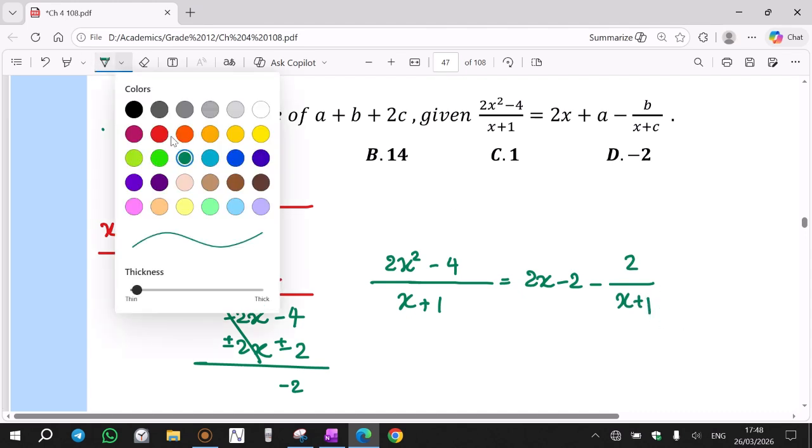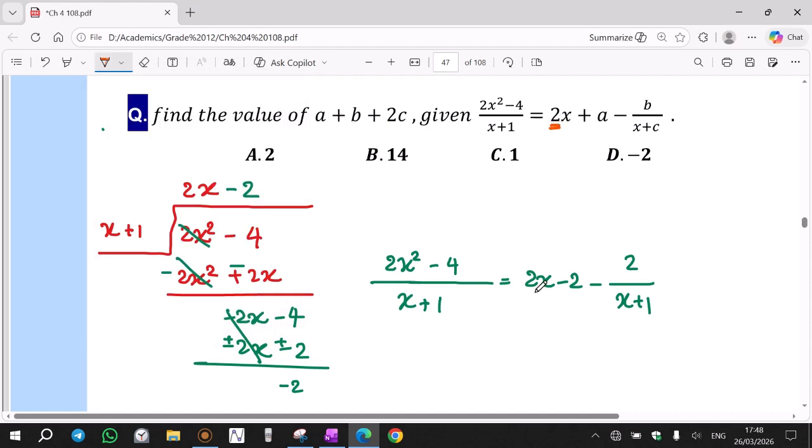Now comparing, 2 is the same. a is negative 2. See, it's plus a, but here it's minus 2. That means the value of a is negative 2. b is here. The minus is matching, so b alone is 2.